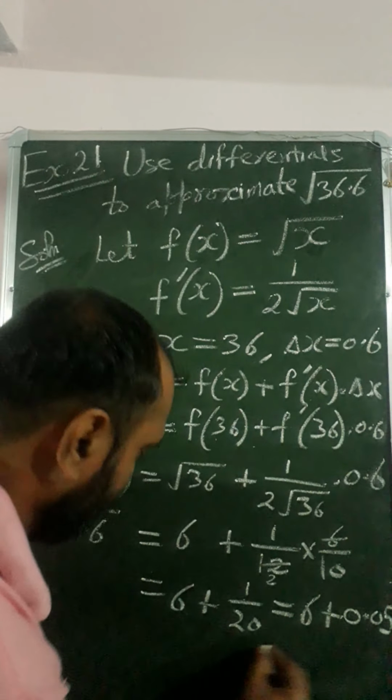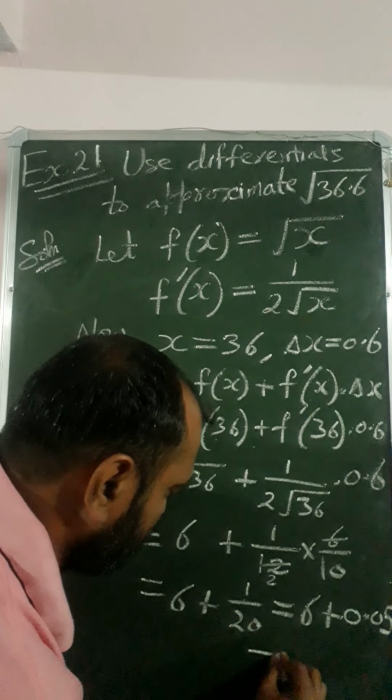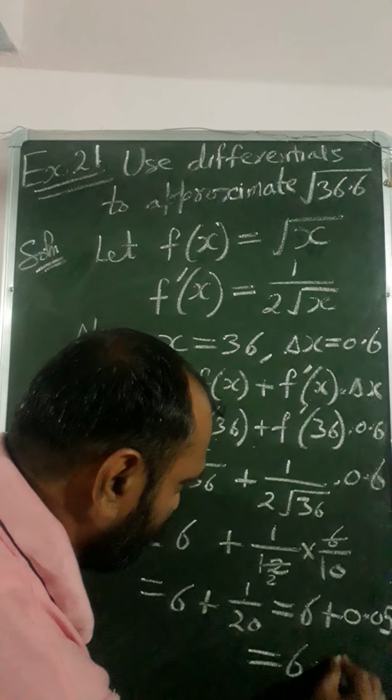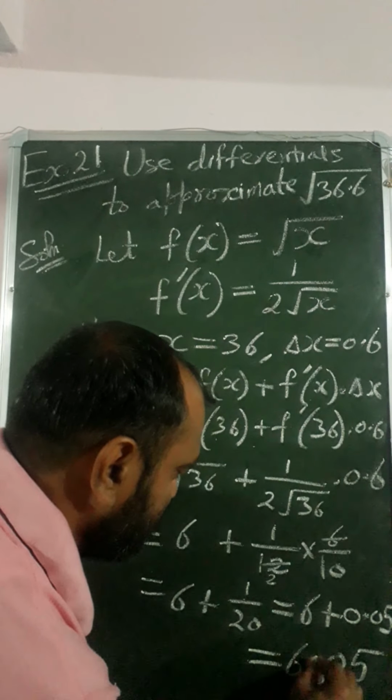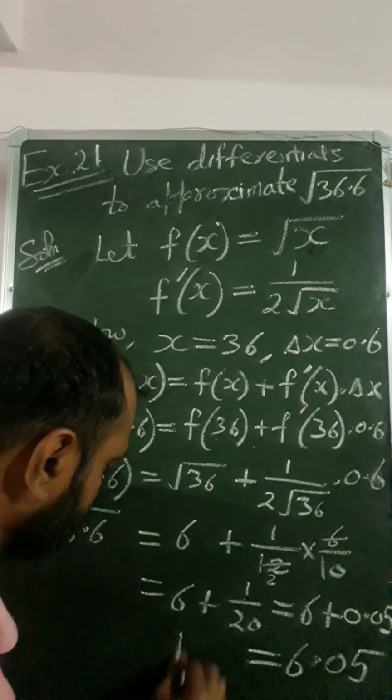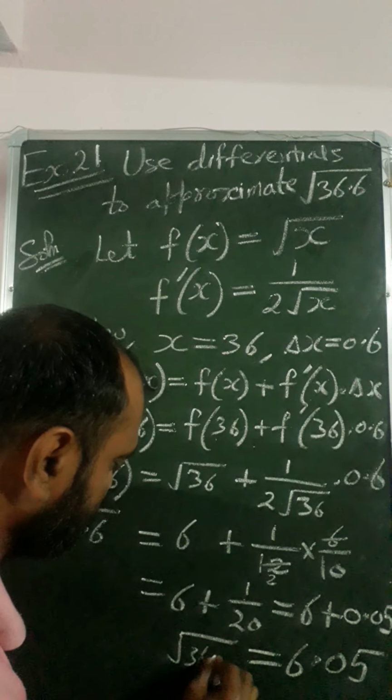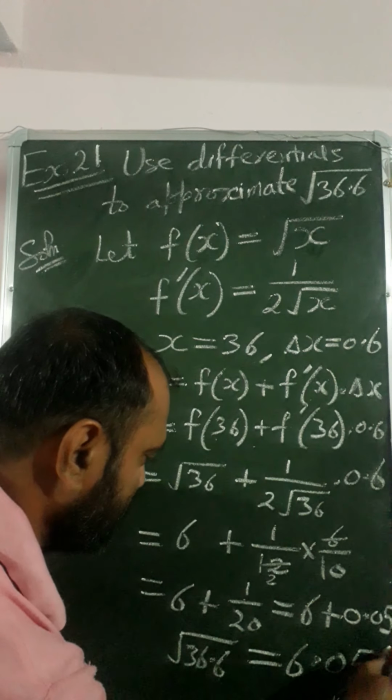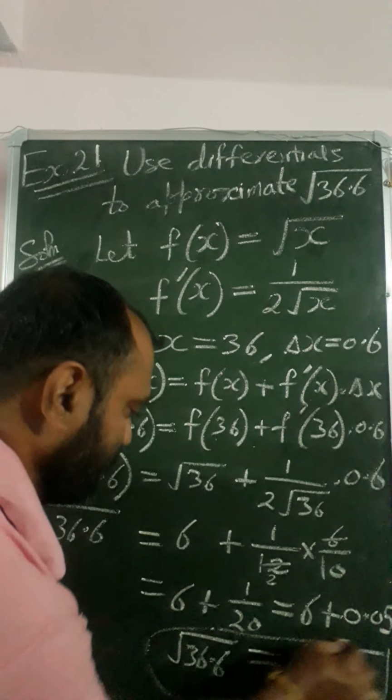When you add these two, you will get the answer 6.05. This is the right answer, the value of root 36.6.